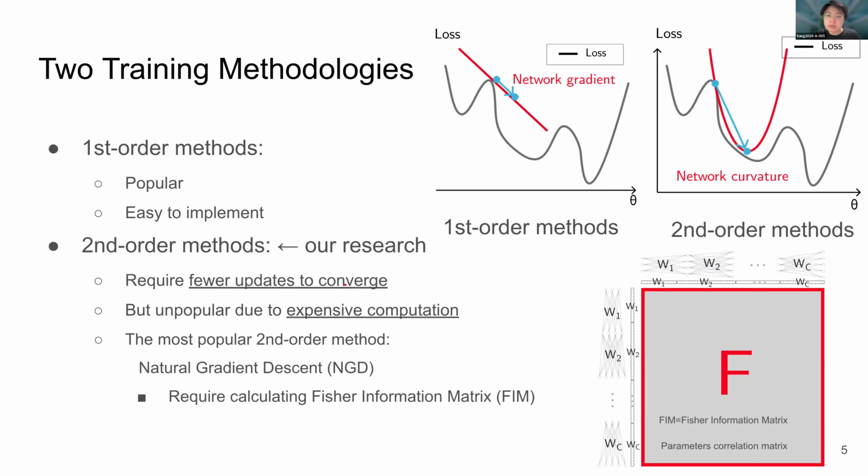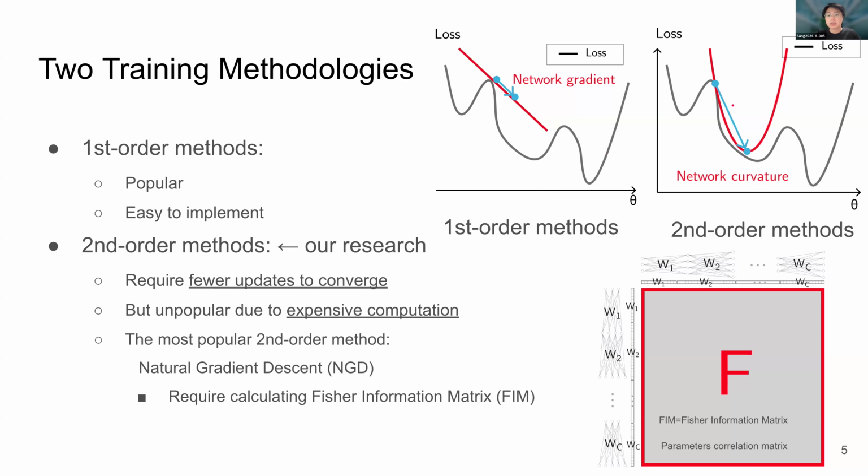In neural network training, typically there are two training method categories: first order and second order. The methods belonging to the first order are quite straightforward. They follow the gradient descent to optimize the target function.